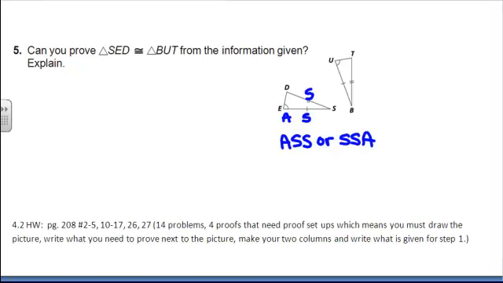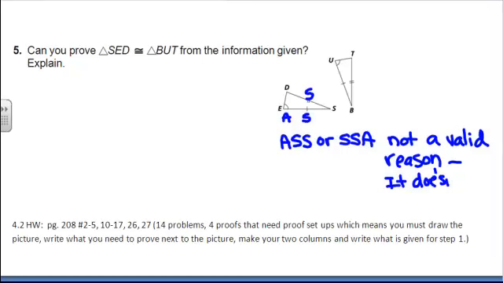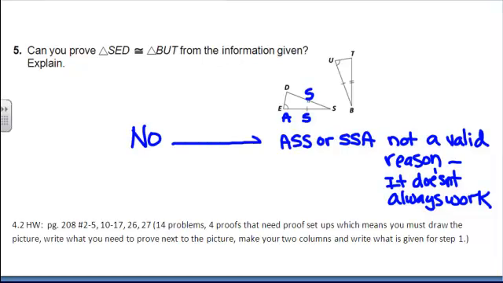This is not a valid reason because it doesn't work. Not always. So the answer is no.